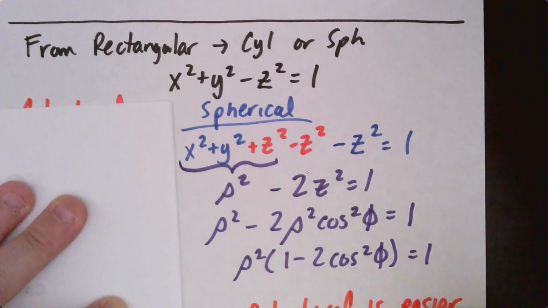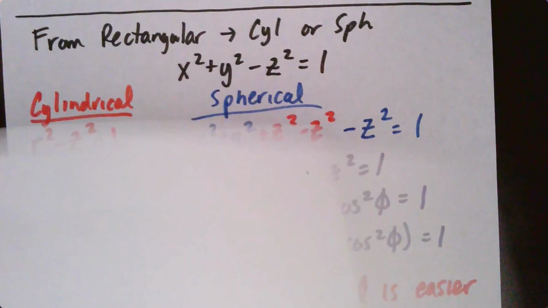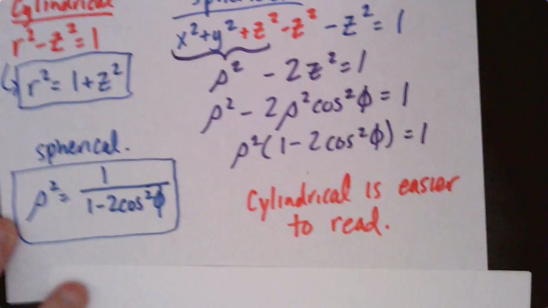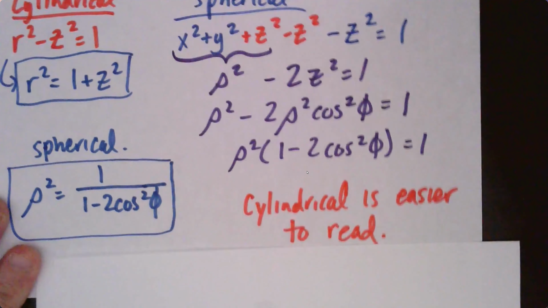I know z equals rho cosine phi, so I plug that in. I'm going to factor out rho squared. I get rho squared times the quantity 1 minus 2 cosine squared phi equals 1. I divide to get rho squared by itself.